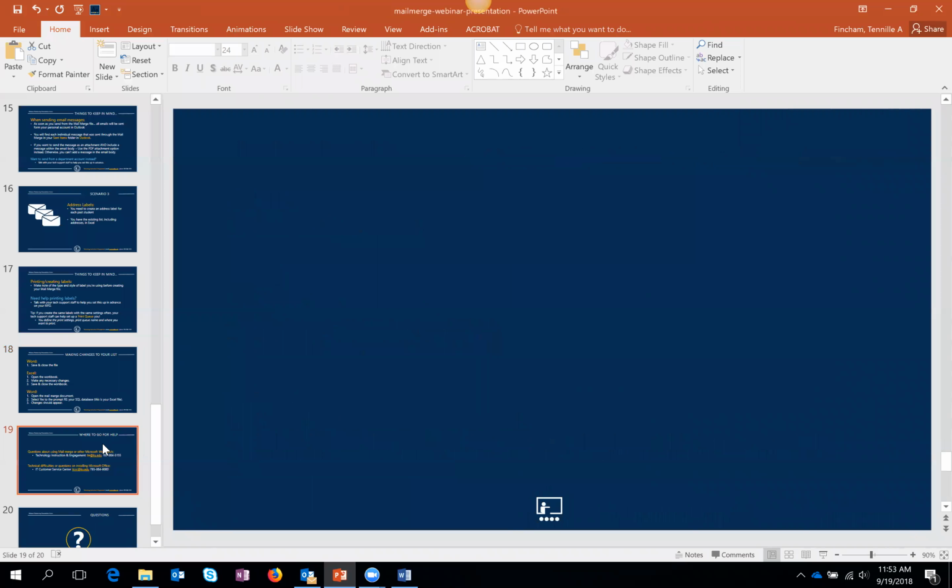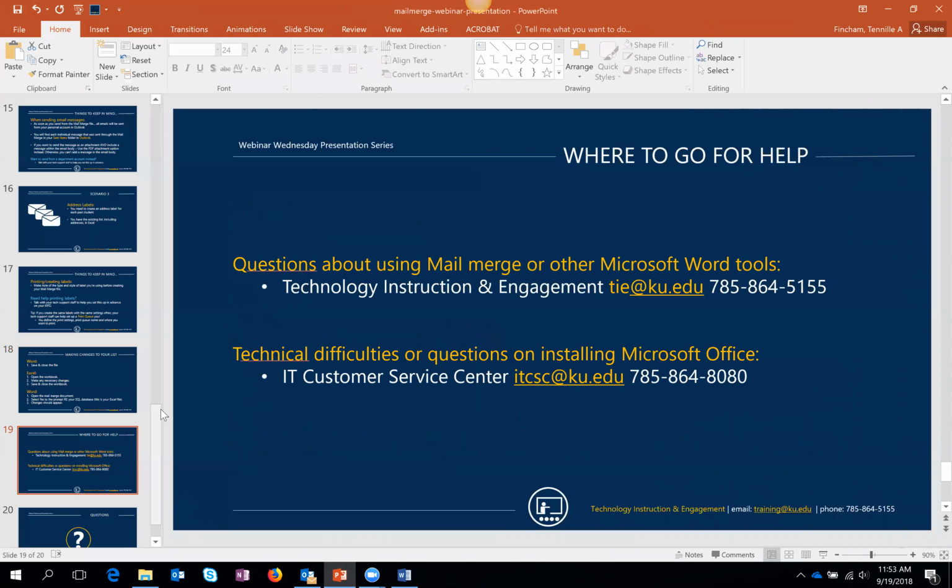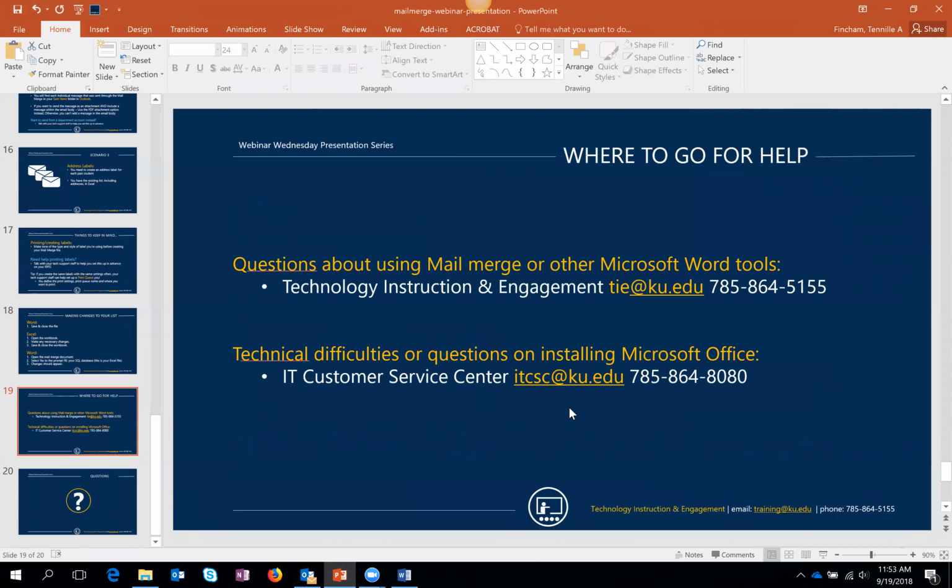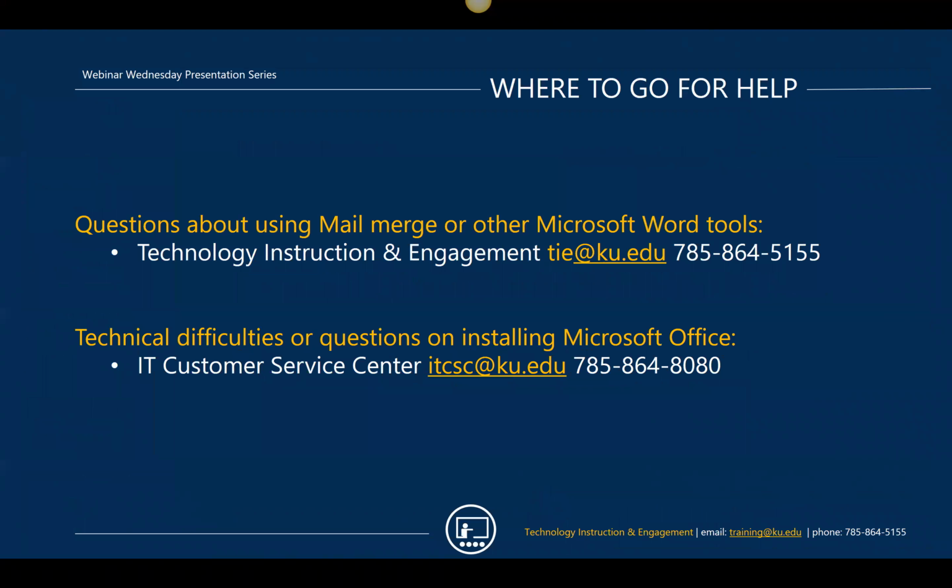All right, so last thing here, and then I'll open the session for any last questions. If you have questions about creating these mail merge files or using any other of the Microsoft Word tools, you can contact our technology, instruction, and engagement team at ty@ku.edu, or you can call us at 785-864-5155.